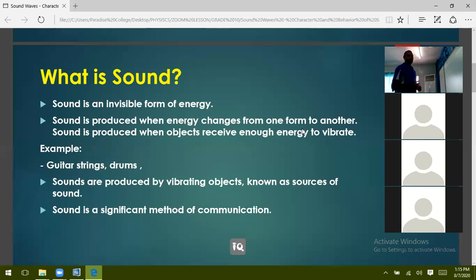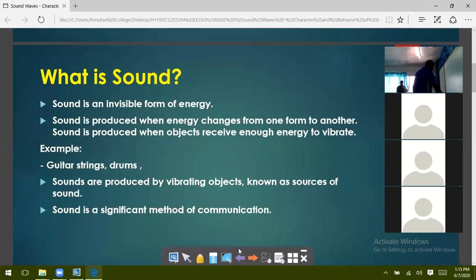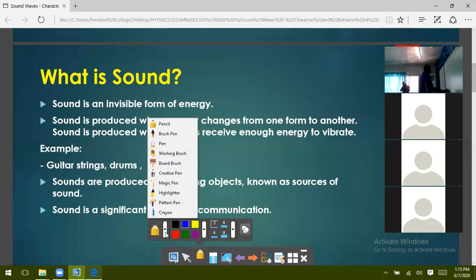And so it can be damaging at times too. I got a video. When you come back, I will show you that video, how powerful sound could be as a form of energy. So sound wave is, in fact, an invisible form of energy.